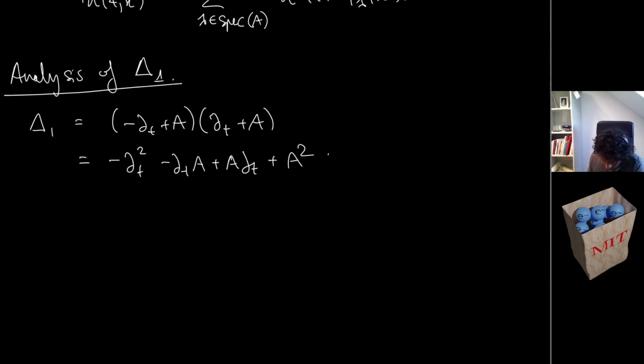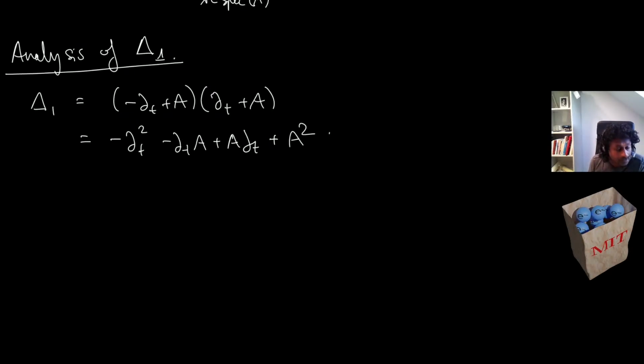But now we're in a happy situation because the middle terms cancel, right? Because the a and the partial t commute. So this is just going to be negative partial t squared plus a squared. So that's the equation that we're looking at.